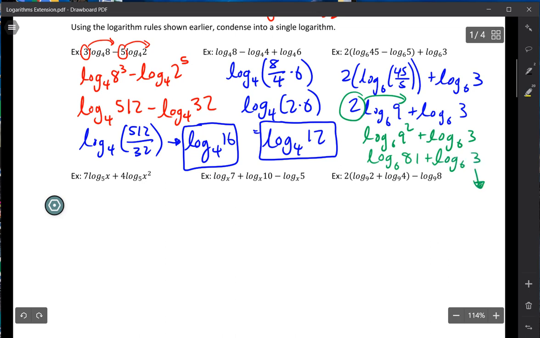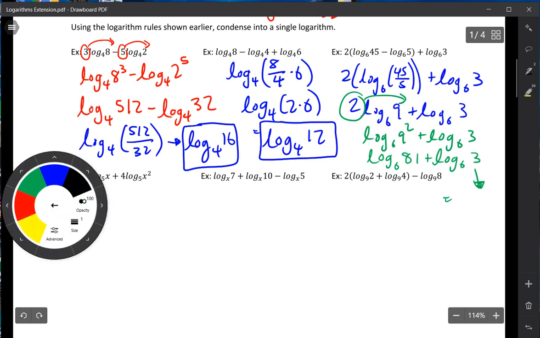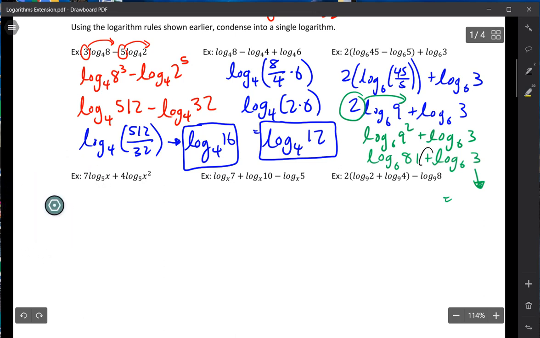So running out of room, if we simplify this, the addition sign implies multiplication. So this is log base 6, 81 times 3 is 243. And there we go. So that's how you would answer this one.